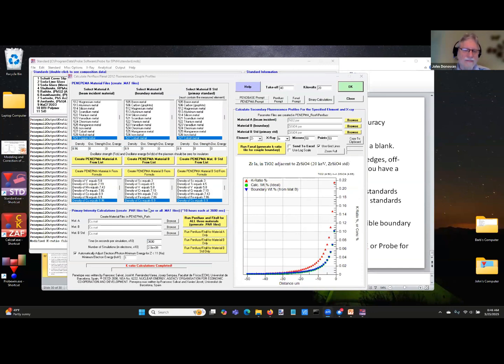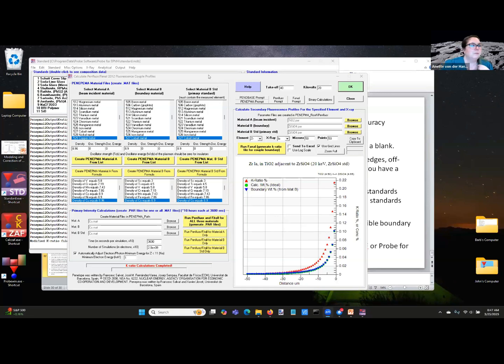We use that for nickel sulfide, nickel olivine kind of corrections, where one element is a major element in one phase and another in the other, and you can also put in your actual mineral compositions as a material file.